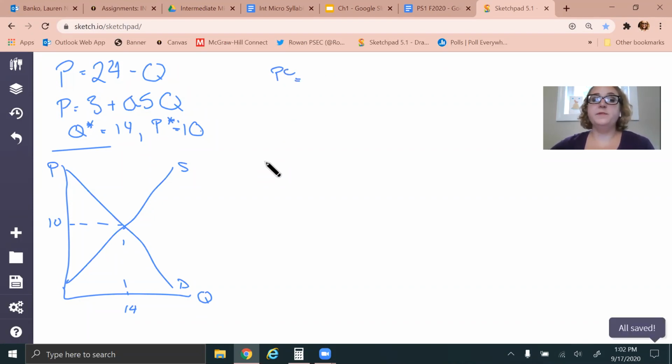It should be below this $10, and it's going to be $8. And we might want to ask ourselves, all right, how does that affect the market? So we can look at now what the quantity demanded is, and also the quantity supplied. See that difference. So for demand, we want to put the $8 into our inverse demand function, put it in for P, and we want to just solve for Q.